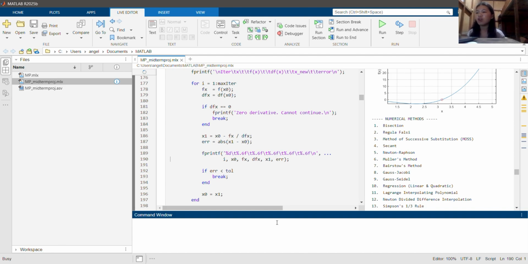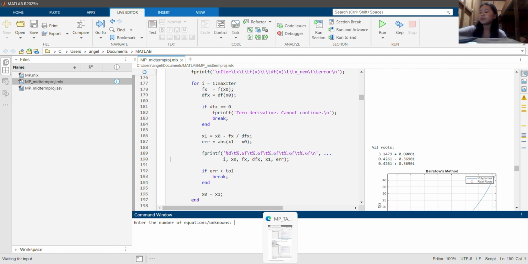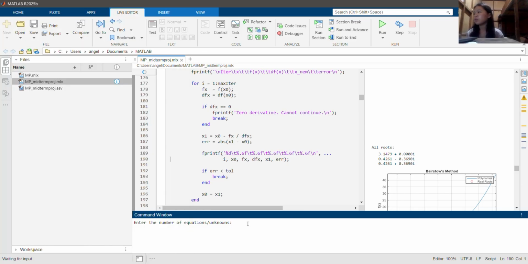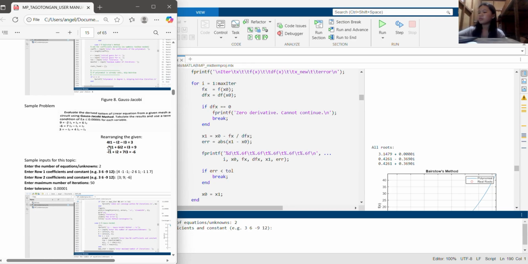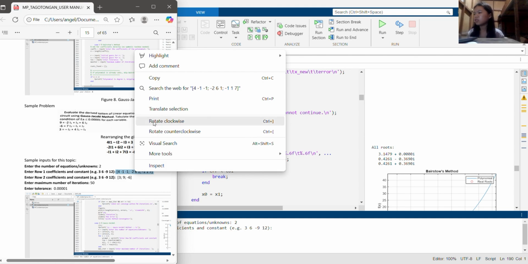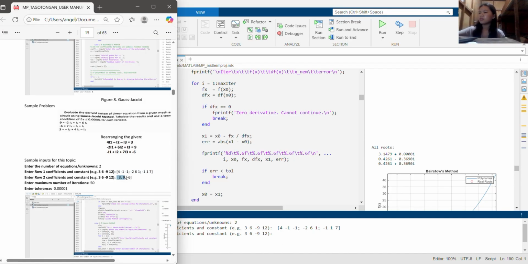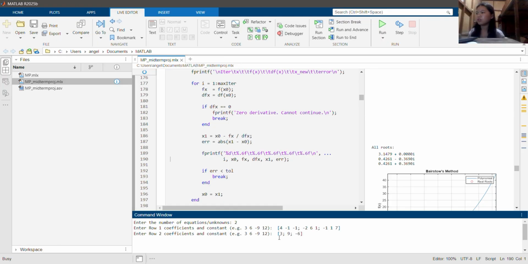Next is the Gauss-Jacobi method, which is number 8. We're going to enter our number of equations or unknowns, which is 2, and then the coefficients and constant for row 1, and the coefficients for row 2.